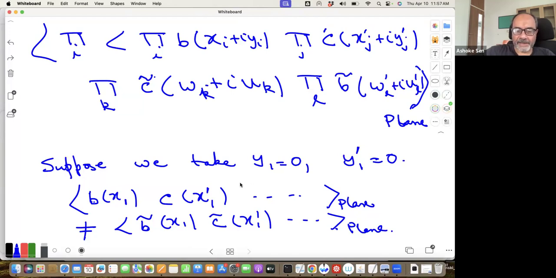Okay. So one should keep in mind that the correlation functions on the plane are different from the correlation functions on the upper half plane. On the upper half plane, if we have B tilde and C tilde insertions, you just replace them by BC insertions on the plane with complex conjugated arguments. So in some sense, the correlation functions for the upper half plane can be mapped to correlation functions in the holomorphic sector of the full complex plane.